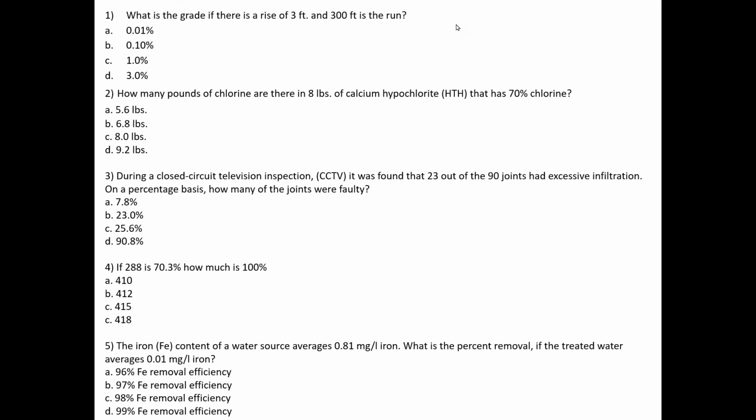Infiltration is groundwater making its way into the sewer. Inflow is water from the surface making its way into the sewer system. Both are really bad. If you have excessive inflow and infiltration, it could limit the ability to have service connections. So like the developers won't like you. If you have excess infiltration, you got to do something about it.